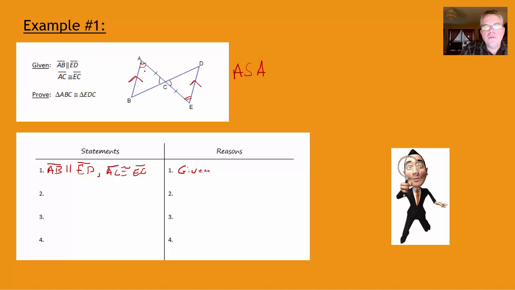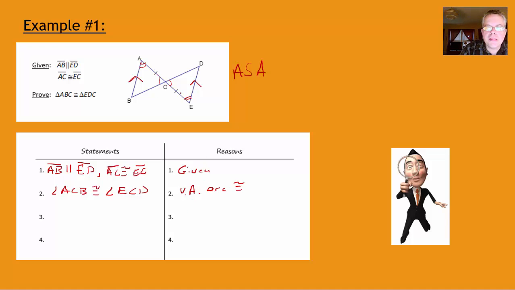All right, so we've already taken care of these two congruent sides. Let's take care of these two vertical angles. So we have angle ACB is congruent to angle ECD. The reason: vertical angles are congruent. Super. We got two of the things.